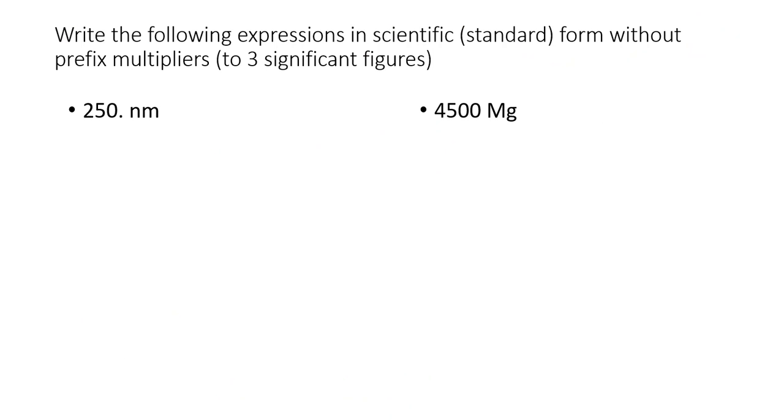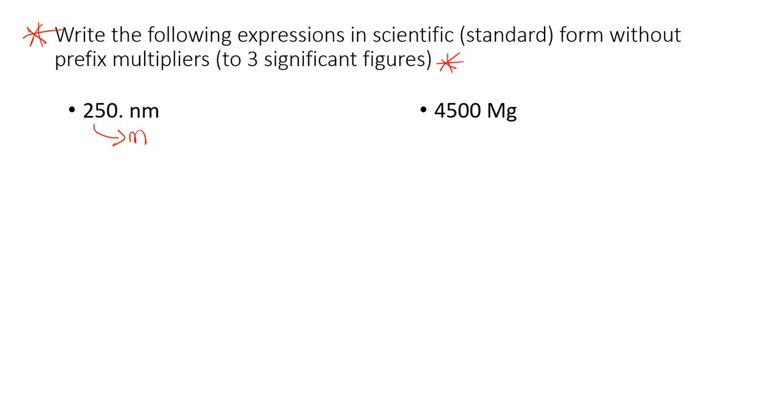Examples that you can write using the table. So write the following expression in scientific form without prefix multipliers. So when I say without prefix multipliers, I mean you should use the base SI unit. For example, I want you to change this nanometer to meters.